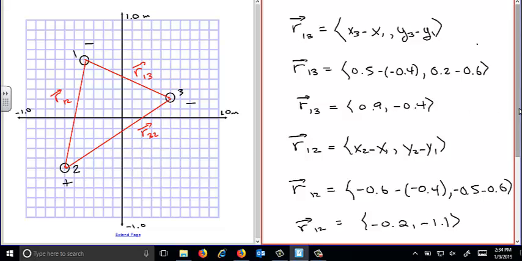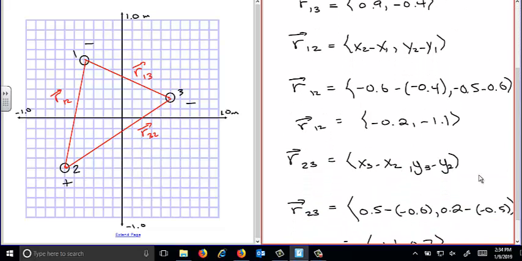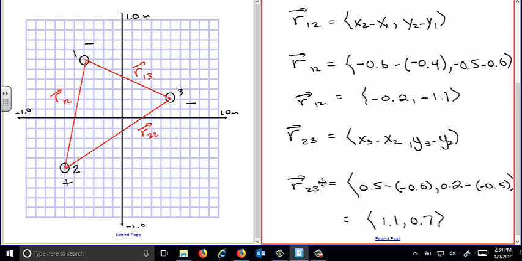And then finally, vector 2,3, that's from 2 to 3. I'm showing 3,2 here, but 2,3 goes this way, from here to there. So you have plus 1.1, plus 0.7.